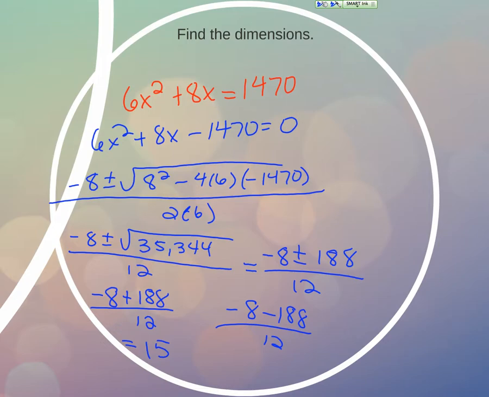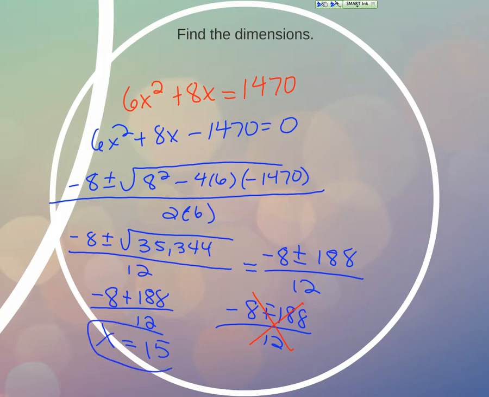But do I have to calculate this other one? If we think about it, if I've got a negative minus a number, this is going to give me a negative answer. Can I have a negative side length on my prism here? Nope. So I don't even have to bother with that one.